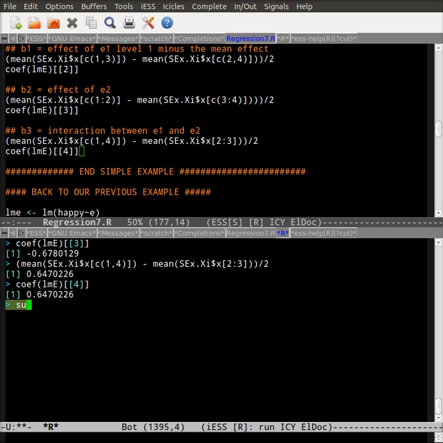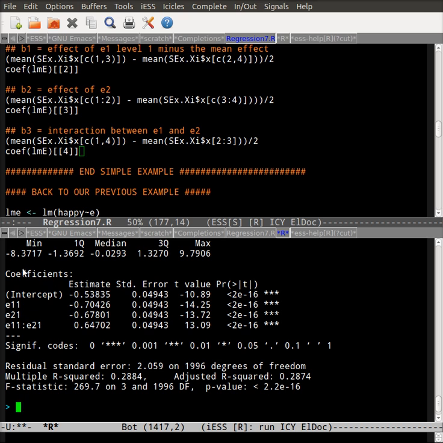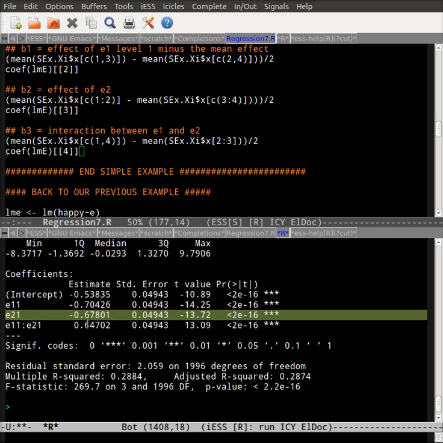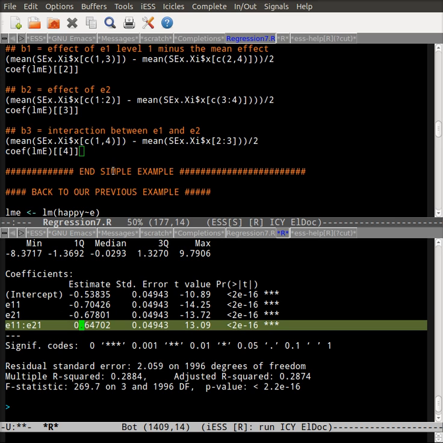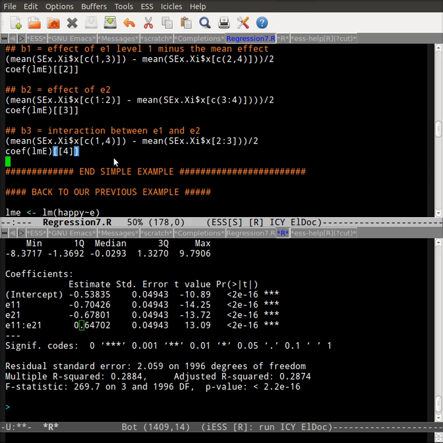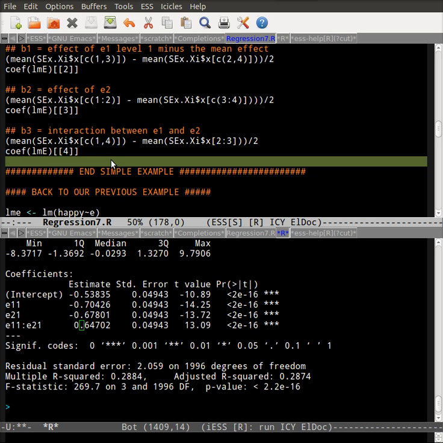So just to show you, we have indeed replicated all of these effects. We got a -0.54, round that, -0.7, a -0.68, and a 0.65 by using each one of these simple computations.